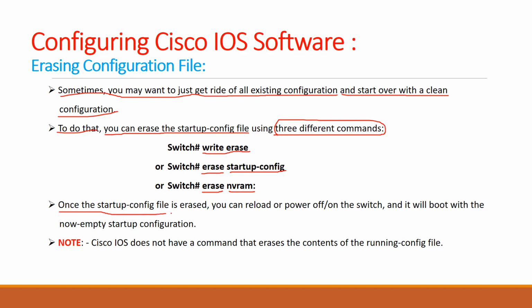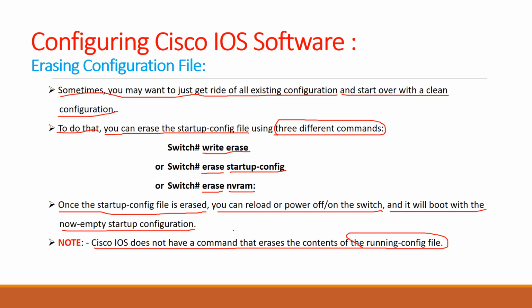Once the startup config file is erased, you can reload or power off and on the switch, and it will boot with the new empty startup configuration. Actually, as a note, Cisco IOS does not have a command that erases the contents of the running configuration file.